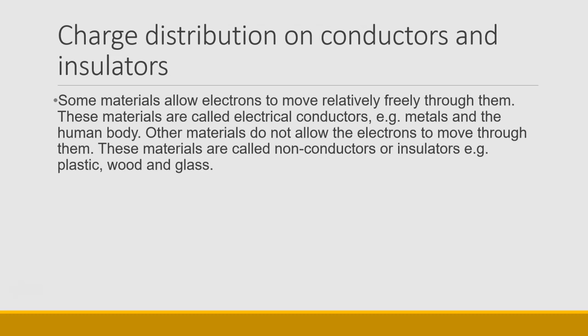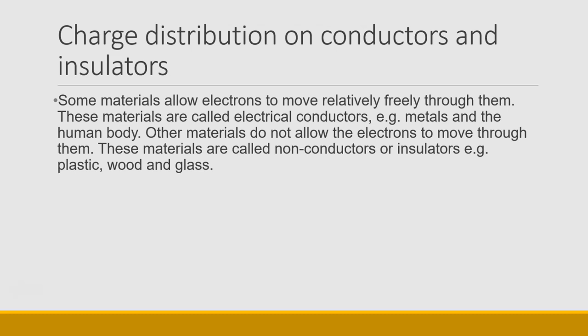Now, I already touched on this. What we said is that materials that are conductors are going to allow electrons to move through them relatively freely. Because they are conductors, things like metals in the human body, the electrons are able to move through them.